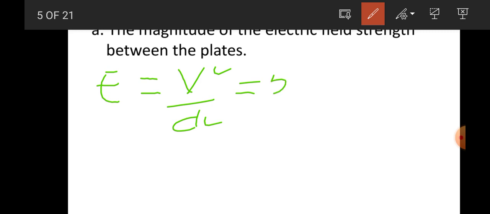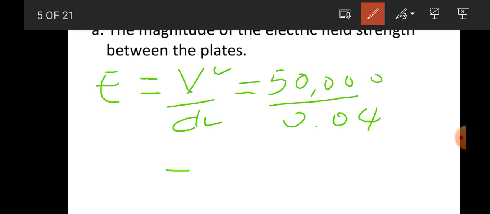The potential difference is 50,000 over 4 centimeter, that is 0.04 meter.